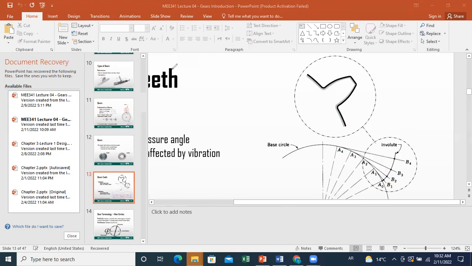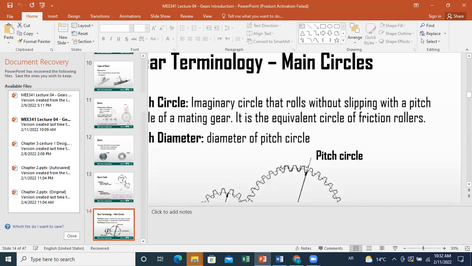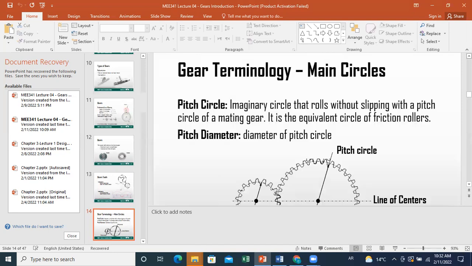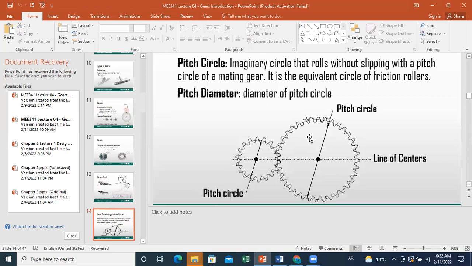Now, to start with, let us start with some terminology related to gears. The first concept to know is what a pitch circle is. Whenever you have two gears in contact, you can define several parameters.